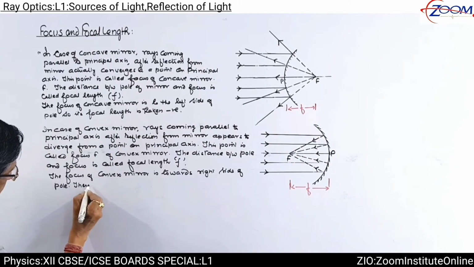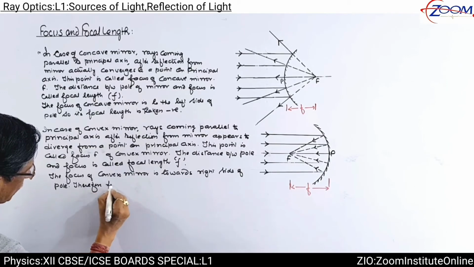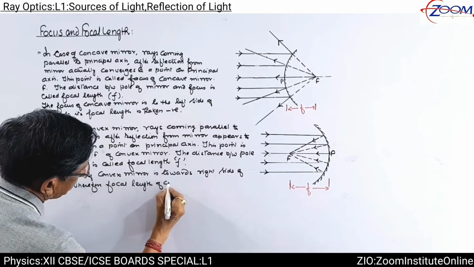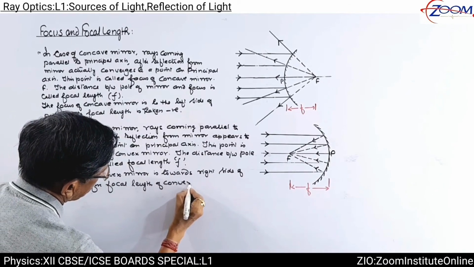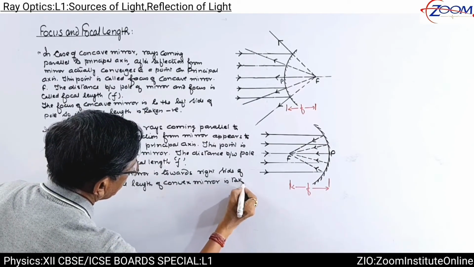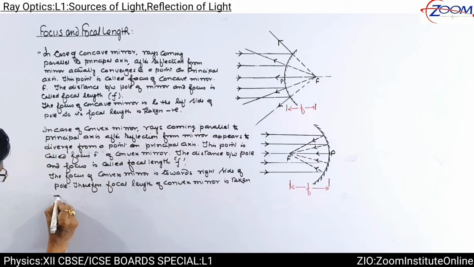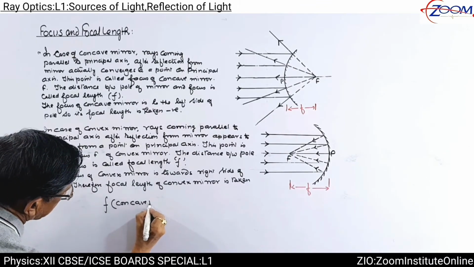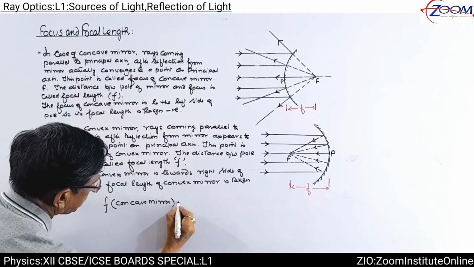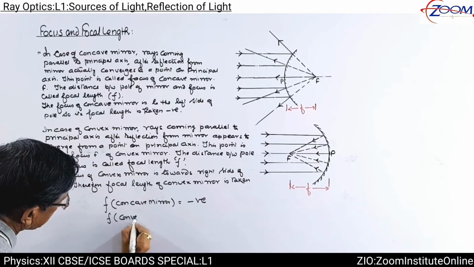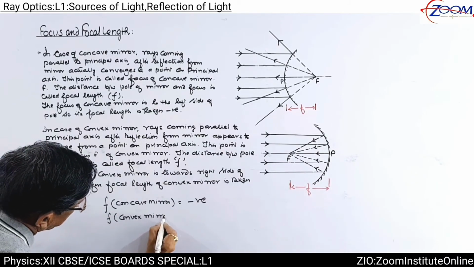Therefore, focal length of concave mirror is negative, focal length of convex mirror is positive.